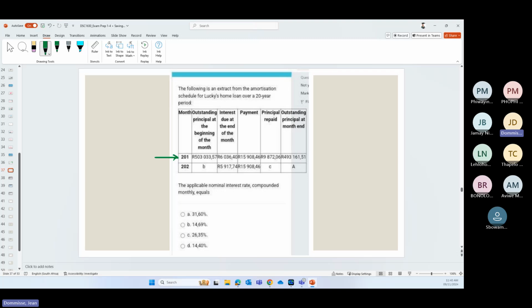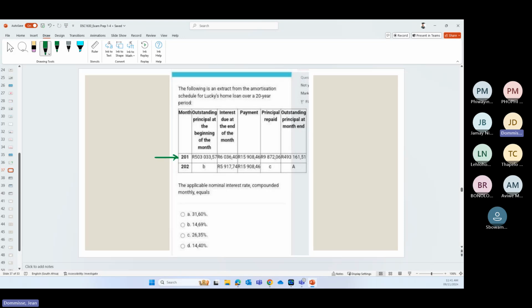We can nearly work out the principal paid, we've got the payment, we've got the interest. If we have the interest amount that we paid, we've got the outstanding principal. I haven't looked at the question yet, but then we can nearly work out that interest rate.